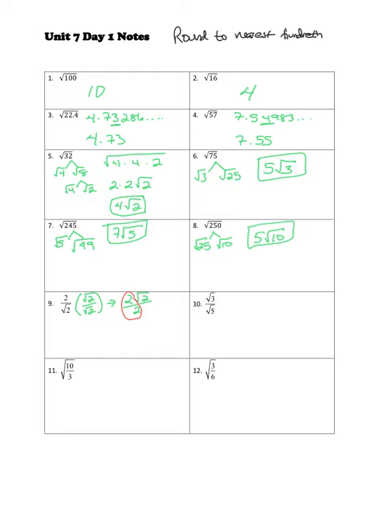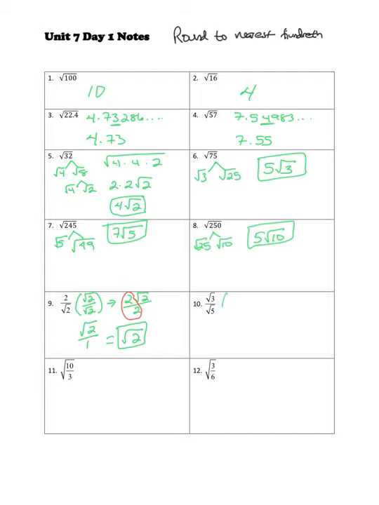I can divide these by 2 and I end up with radical 2 over 1. The reason I can divide these is this is 2 times radical 2. It is not 2 plus. It is 2 times. I can factor out when I'm multiplying. Should have learned this a long time ago in middle school.